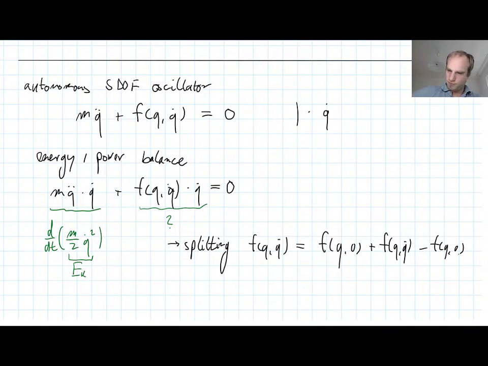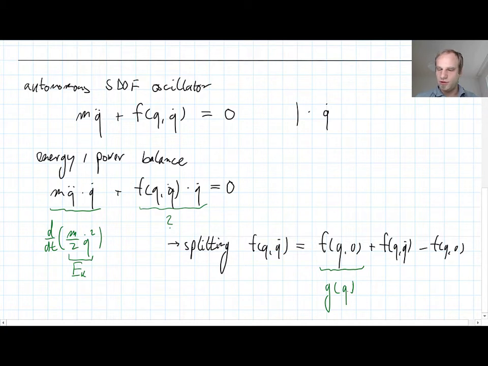So this first term here now just depends on q. So this is exactly what we had in the conservative case. So we can just say this is g of q, so it's just a pure function of q, and we can take the same idea as in the conservative oscillation case and define this as the gradient of a potential energy.